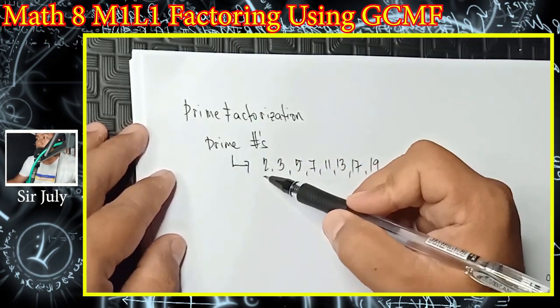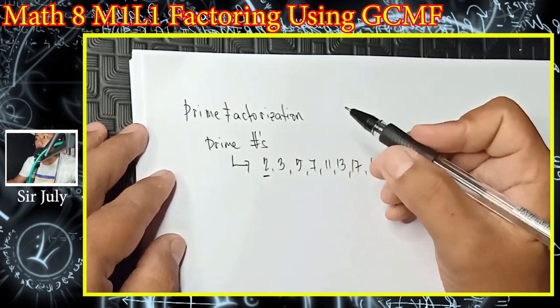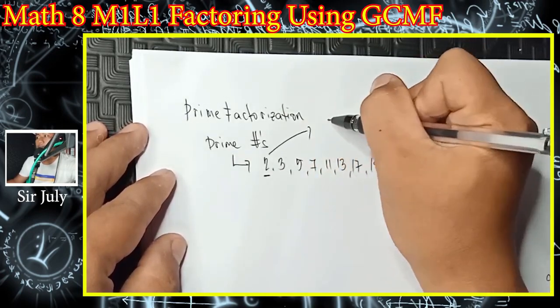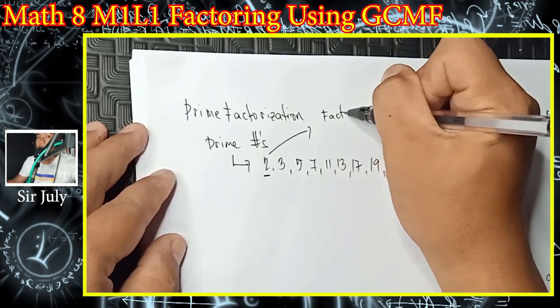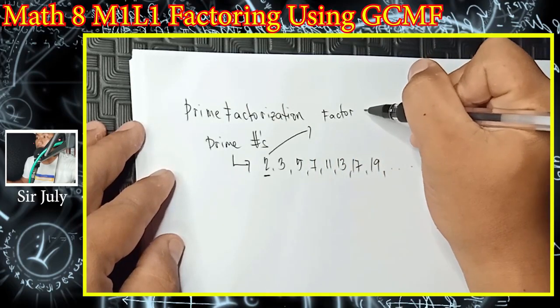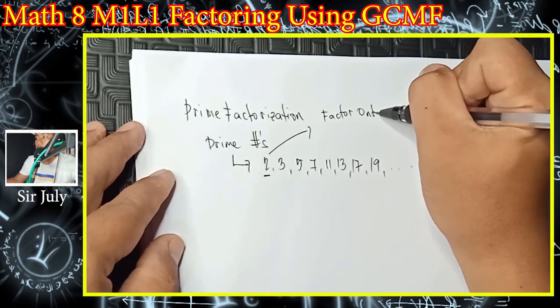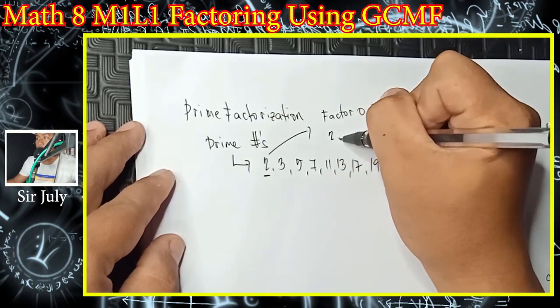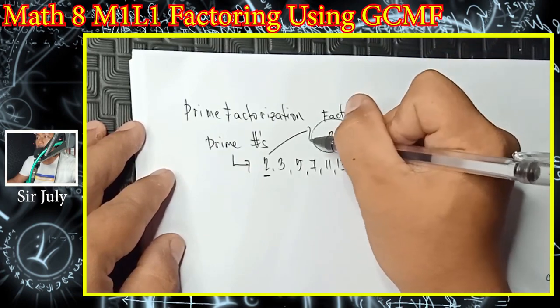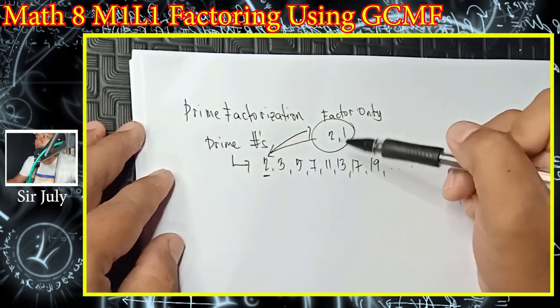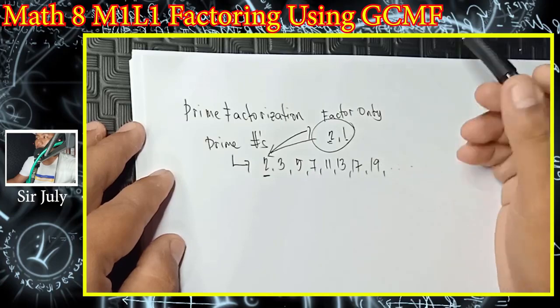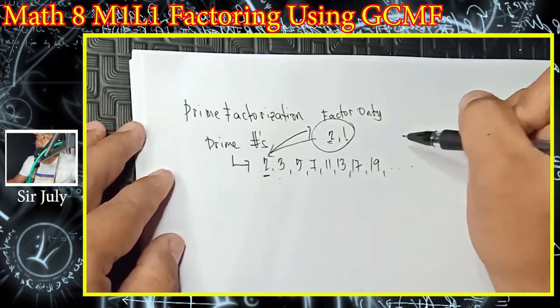Tinawag natin silang mga prime numbers kasi meron lamang silang dalawang factor: yung kanilang sarili and 1. The number itself and 1. So halimbawa, yung 2, ang factor lang niya ay 2 and 1 lang. Wala nang iba.